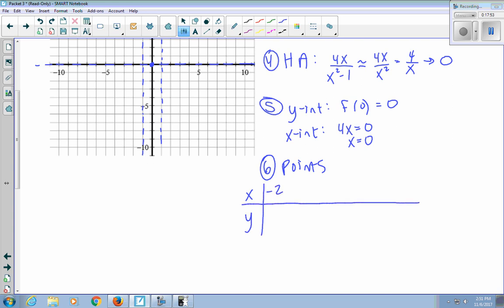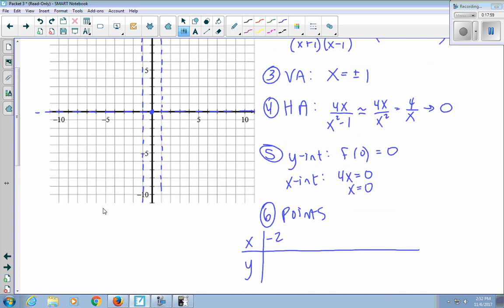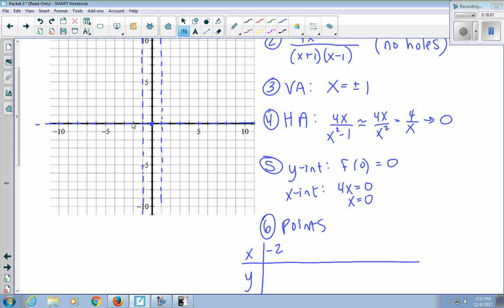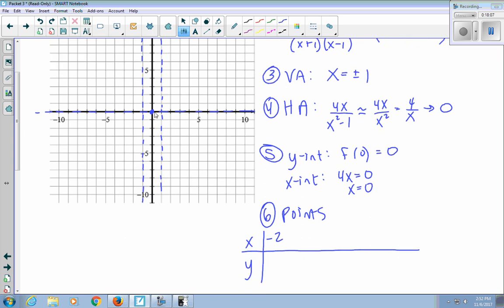Maybe negative 2, something to the left of my first asymptote. Something between this asymptote and this point, so that would be like negative 1/2. Something between this point and this asymptote, positive 1/2. And then 2. So do negative 2, negative 1/2, positive 1/2, and 2.